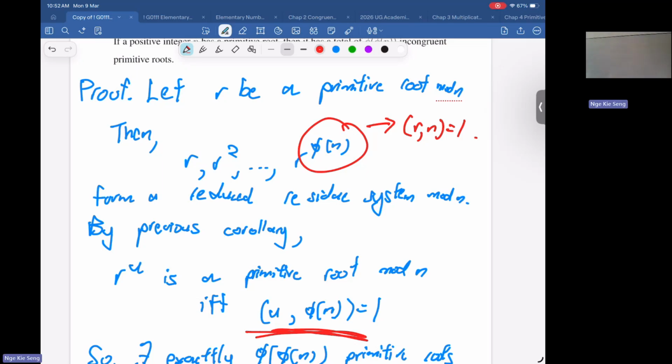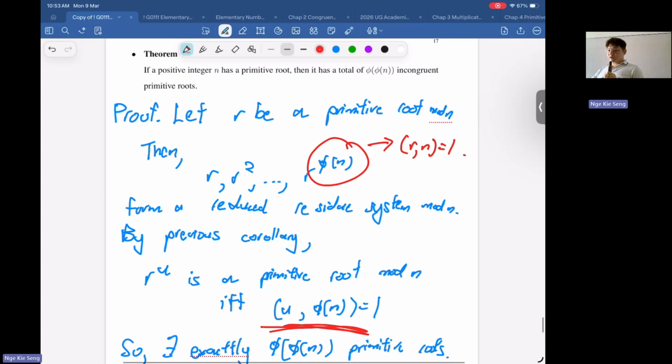You first reduce your candidates and find a primitive root, then look at the primitive root with powers up to phi(n), and upgrade your GCD to the power and find those that are relatively prime. Then these are all the primitive roots.